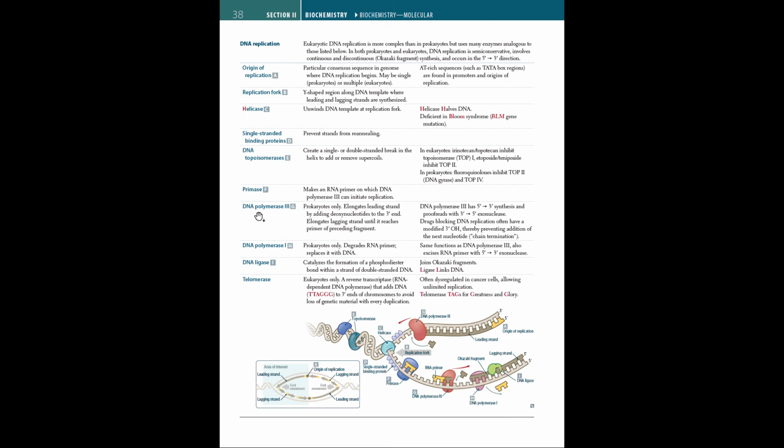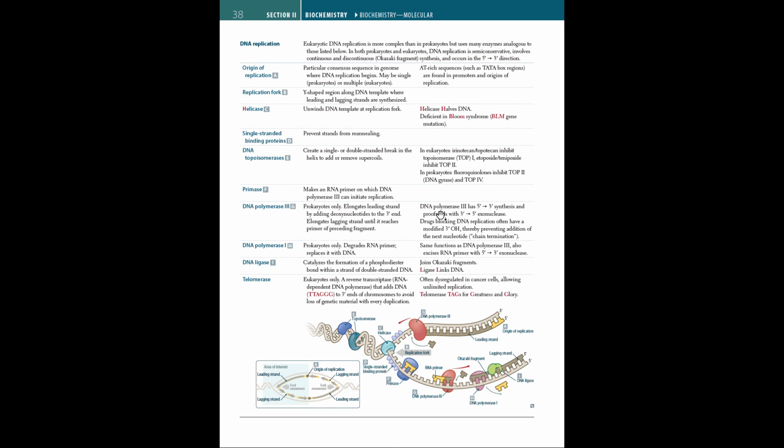DNA polymerase 3, which is this one, prokaryotes only. These are prokaryotes only. So it elongates the leading strand by adding deoxynucleotide to 3' and elongates the lagging strand until it reaches the primer of the preceding fragment.